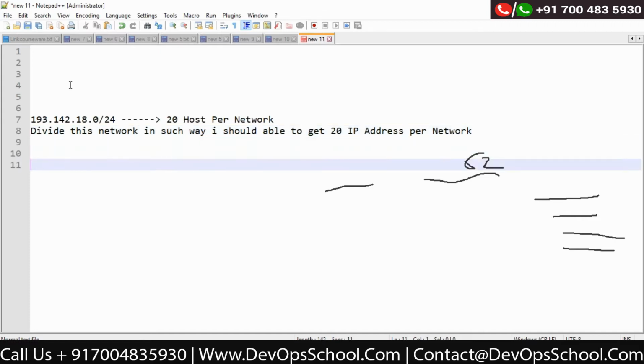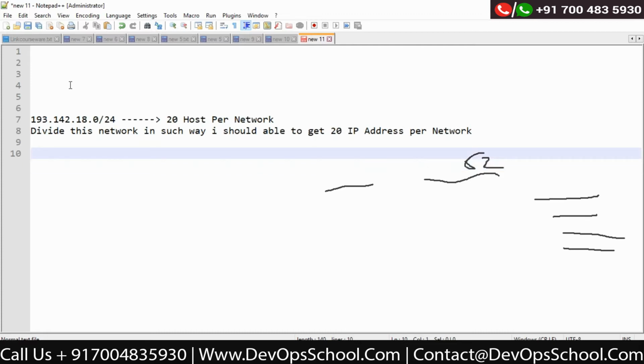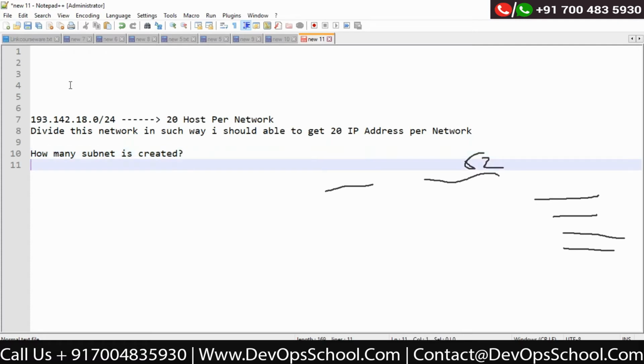So you have to give me everything. You have to give me how many networks I can create, or you can say how many subnets are created, correct? Per subnet, how many computers I can connect.